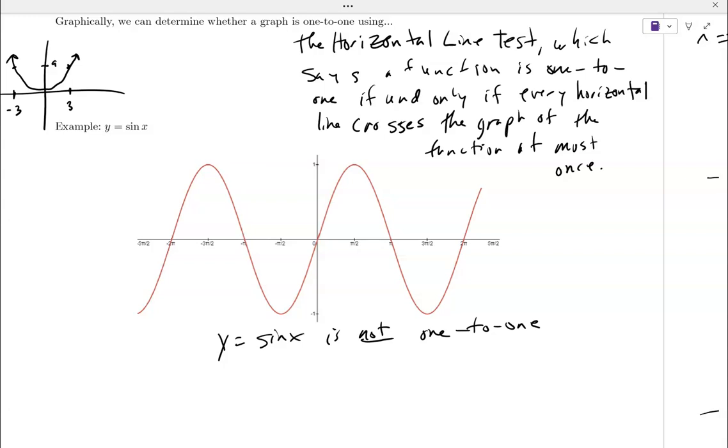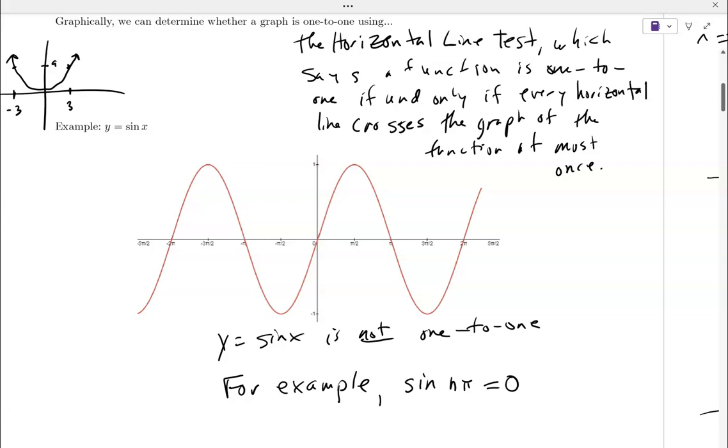We have multiple inputs. For example, sine of any multiple of pi is equal to 0, right?